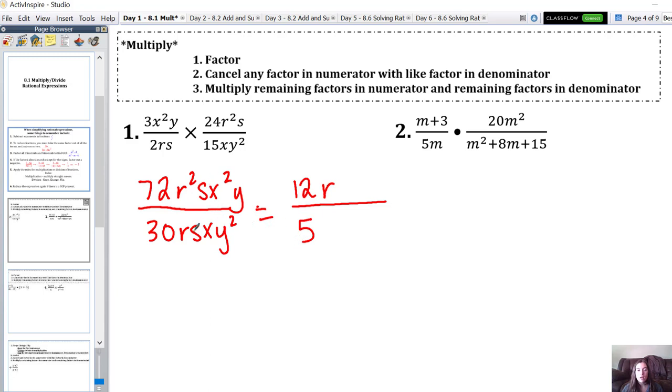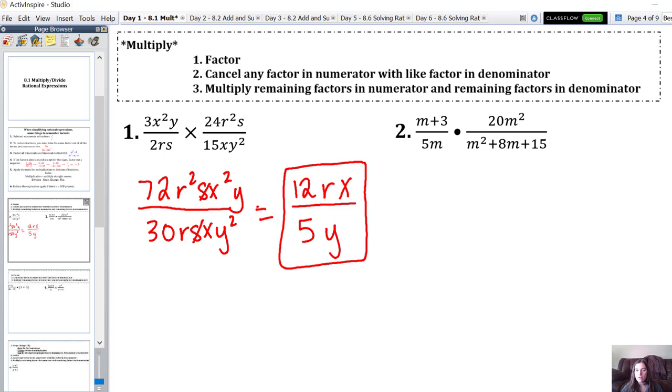S over s, when we subtract that, we end up with 0, so there aren't going to be any s's left. X squared over x leaves us with 1x on the top. And then y over y squared leaves us with a y on the bottom, because y to the 1 over y squared, 1 minus 2 is negative 1, and when we have a negative exponent, we move it to the bottom of our fraction. So there is our simplified version of that product.